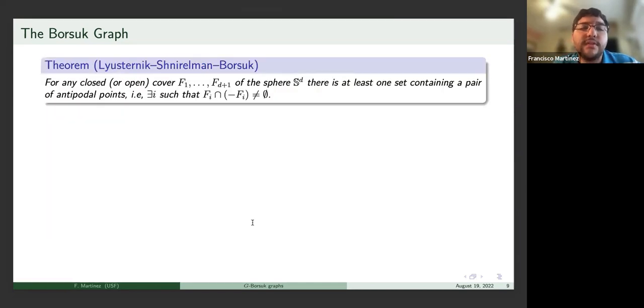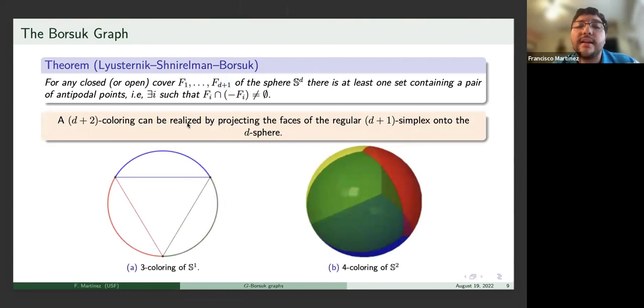It tells us that for any closed or open cover of the d-dimensional sphere with d plus 1 sets, at least one of the sets contains a pair of antipodal points. So we use that as the lower bound for the chromatic number of these Borsuk graphs. For the upper bound, we have to realize an example.